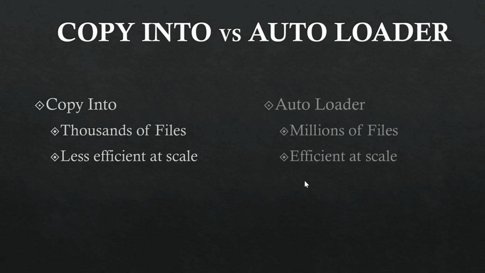But if the files are huge, in millions, then it's better to use autoloader because autoloader has the ability to efficiently scale. But copy into is less efficient at scale. So whenever you know there are thousands of files, go with copy into, otherwise go with the autoloader option.